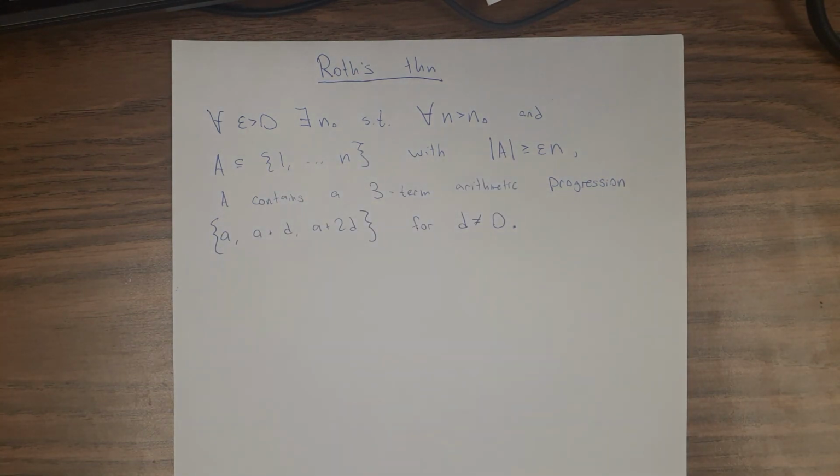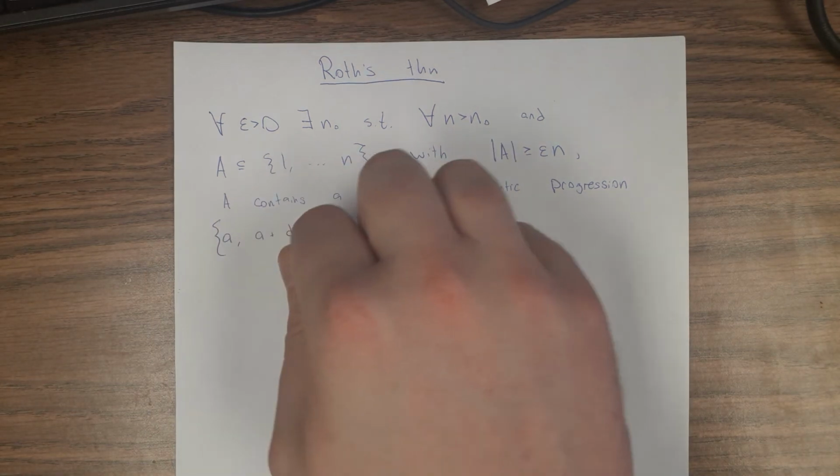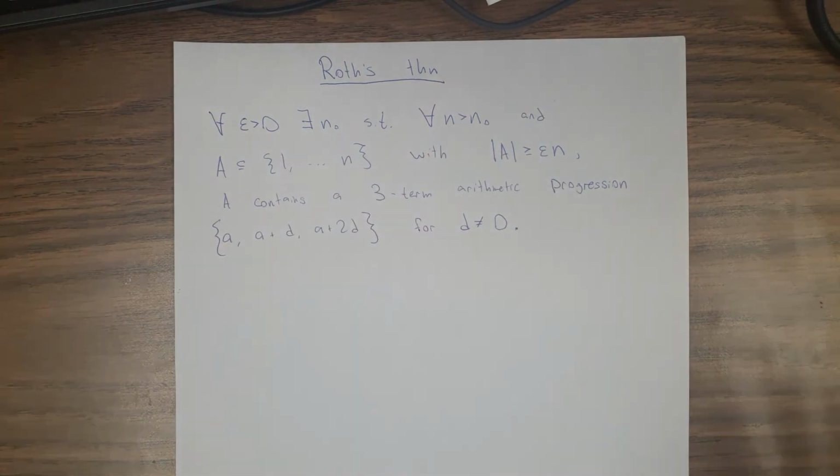So a k-term arithmetic progression is basically just a set of k elements that are all evenly spaced out. The difference between two consecutive terms is always the same. This theorem is true for any k, and that was the original use of Szemerédi's regularity lemma.